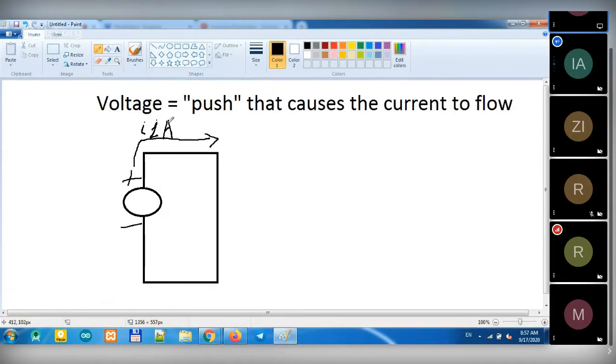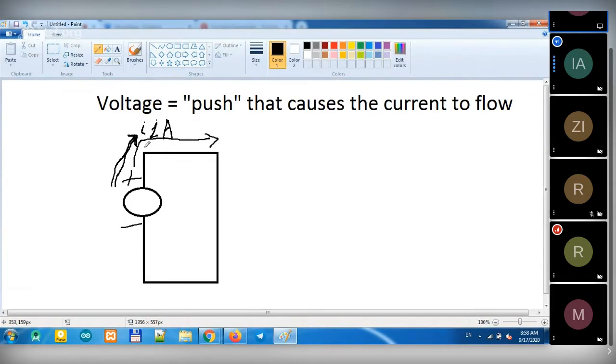In order for this to move, we need a voltage. Voltage will push this current to move in the right direction. It's a push.